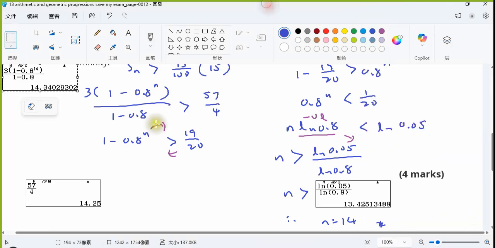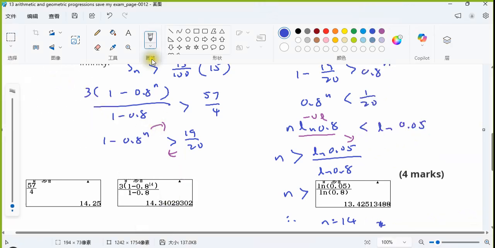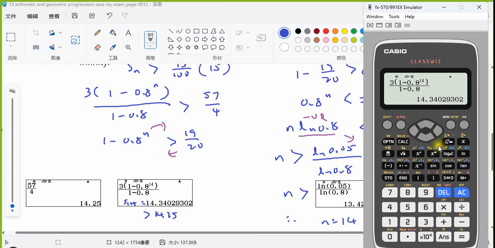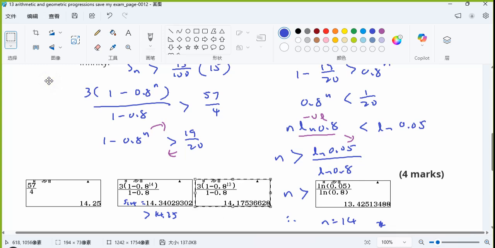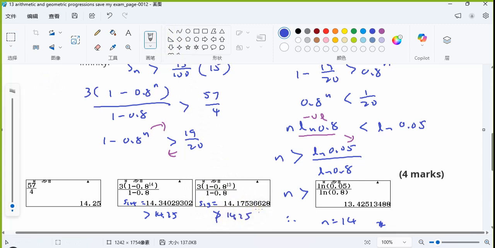So this is 14.3. So S14 is greater than 14.25. And then if it is 13, okay, so this one is not greater than, so S13 is not greater than 14.25.